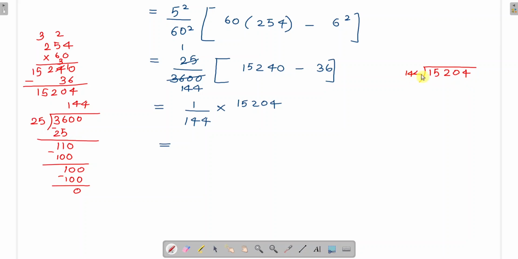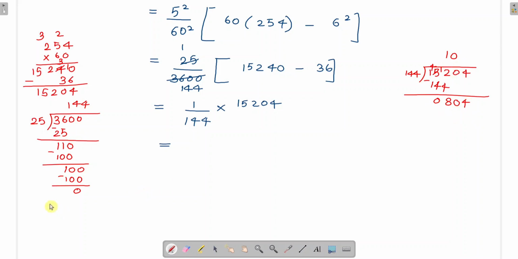15204 divided by 144: 144 ones are 144 here, right, and 1 borrowed, 4 remains, 12 minus 4 is 8, and then 0, so 80 is smaller than 144, so 0 here, then this 4 we will take down, right.